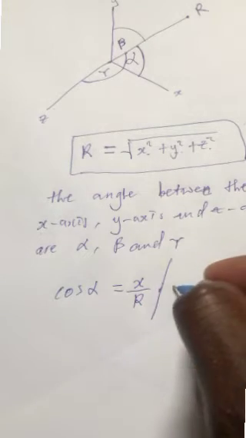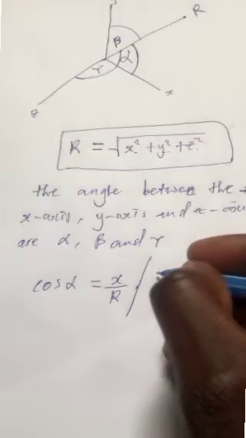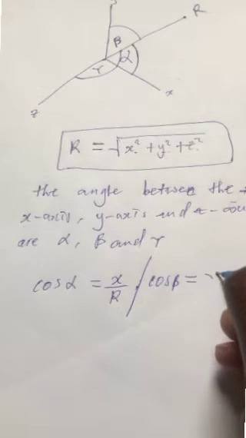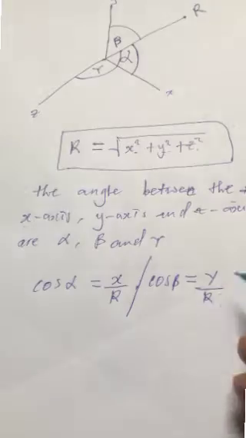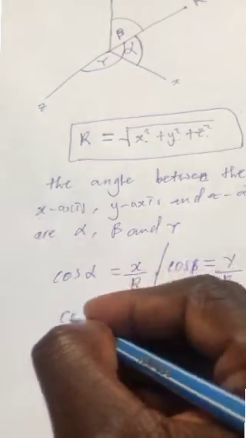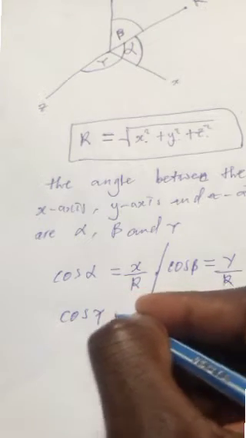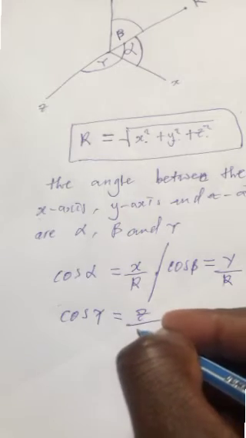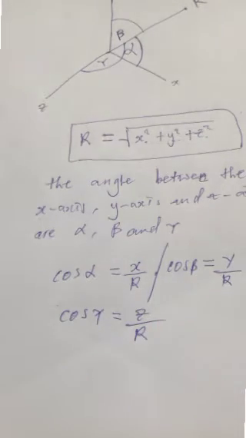Then for y, you say cos beta is equal to y over the resultant. Then for gamma, which is the z axis, cos gamma is equal to z over the resultant. This is how we find the angles with respect to each axis.